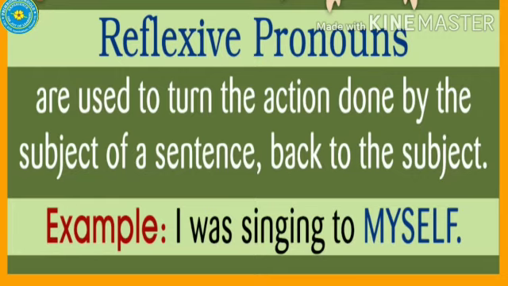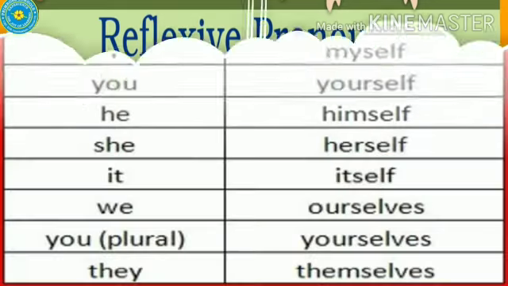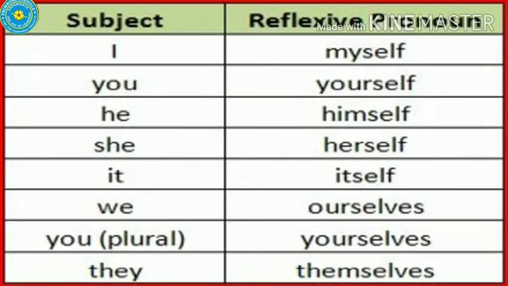I was singing to myself. Now see, the reflexive pronoun is beautifully reflecting the pronoun I. Here are a few more examples of reflexive pronouns. Kindly pause the video and read it.